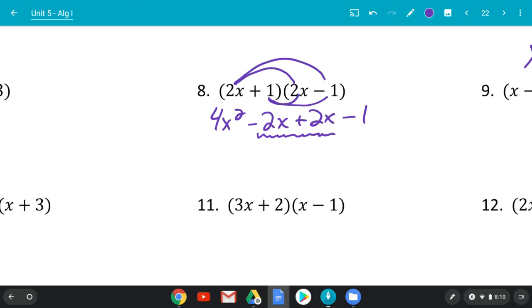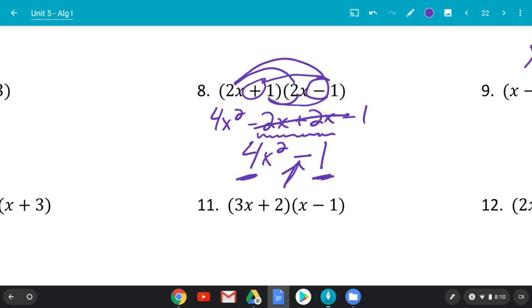This is always what happens in DOS, or difference of squares, when everything's the same except those two signs are different. Those two middle terms will cancel, and you end up with 4x squared minus 1. It's called a difference of squares because 1 is a perfect square and 4 is a perfect square, and it's called difference because they're separated by a minus sign.